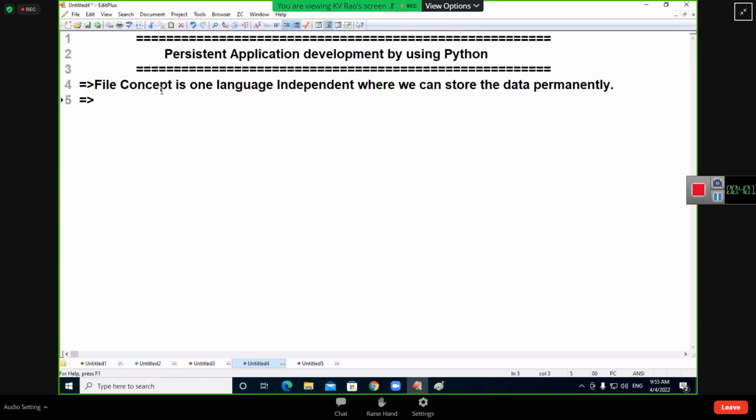So in today's course, we are talking about Python language communicating with files. The communication between Python and files comes under persistent application development only.